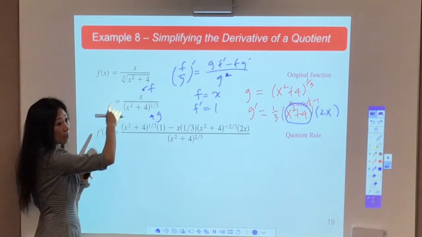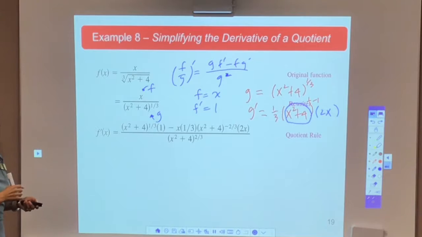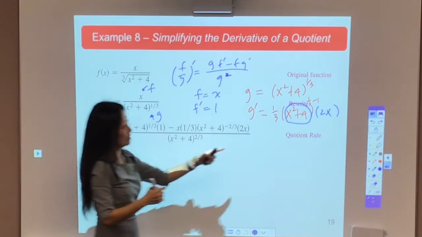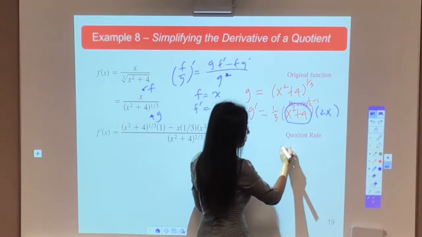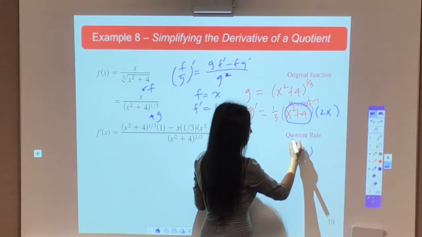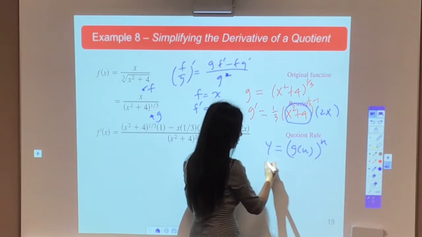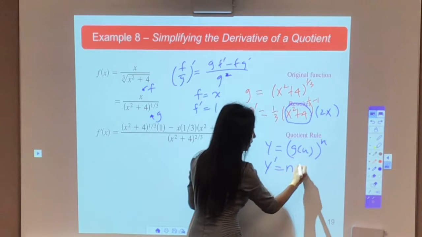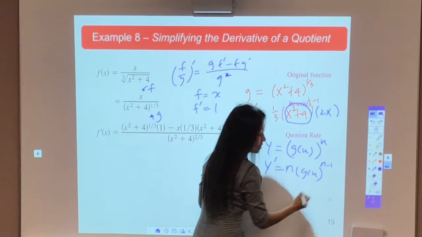Here is the formula for the chain rule, so I can show where to put it in. The chain rule is like a power rule. So you have this as y. The chain rule says n times g of u to the n minus 1, and then what do you do?